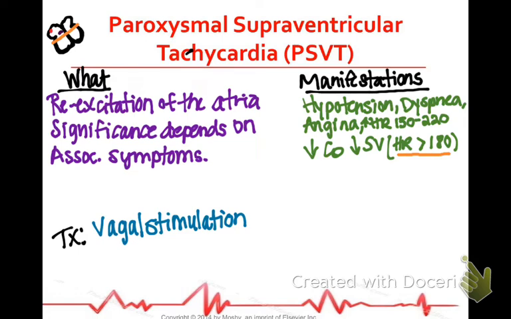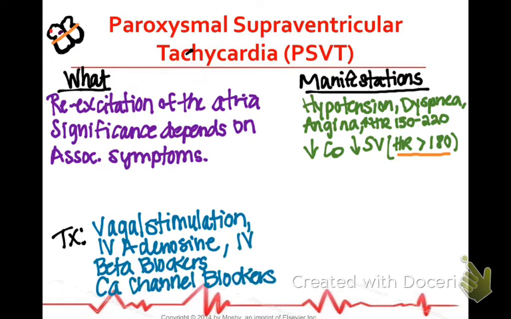So there's different ways to kind of vagally stimulate. And then IV adenosine or Adenocard, but adenosine is your treatment for SVT. Put your star by that, okay? Adenosine, IV adenosine. That stops the heart and restarts it. Yeah, for a second.